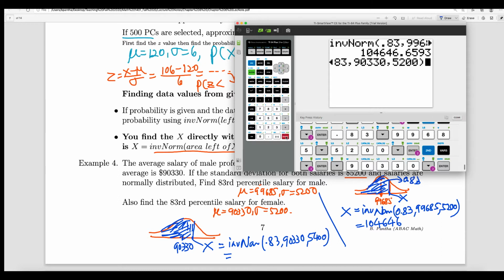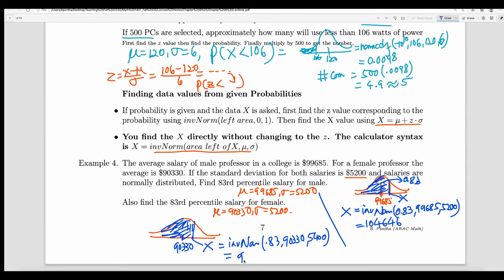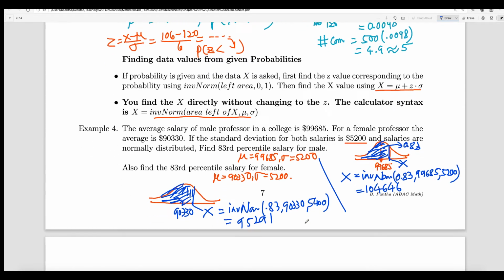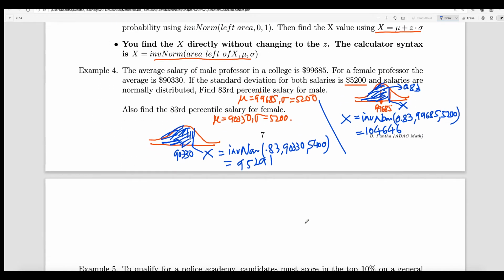If you do that, you will get 95291. So 95291 is the 83rd percentile of the salary, meaning 83% of the salaries for female lie below 95,291. The idea here is we are using exactly the same method, but instead of mean and sigma 0 and 1, you use whatever is given by the question.